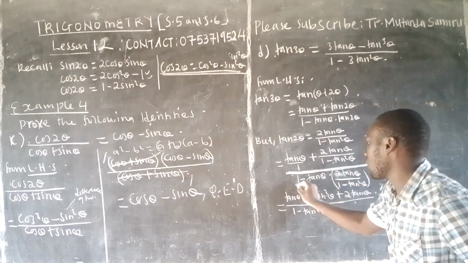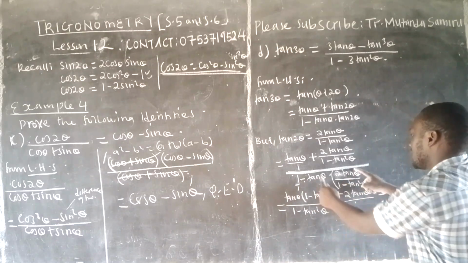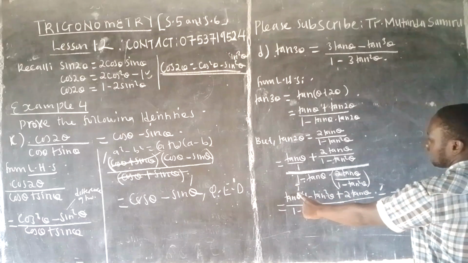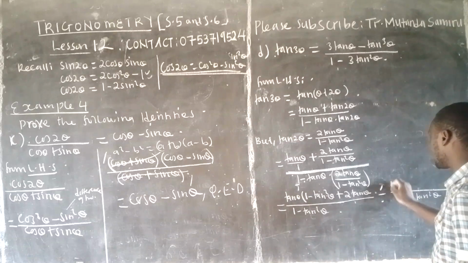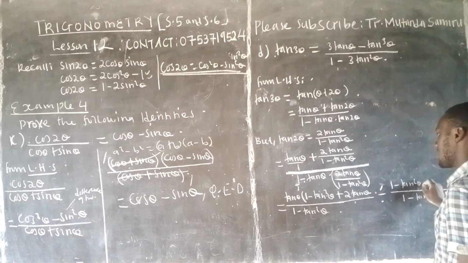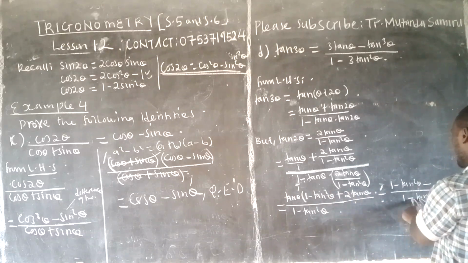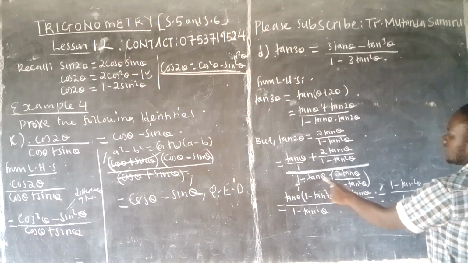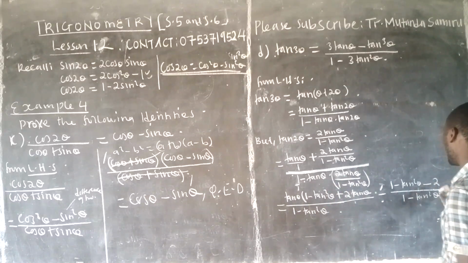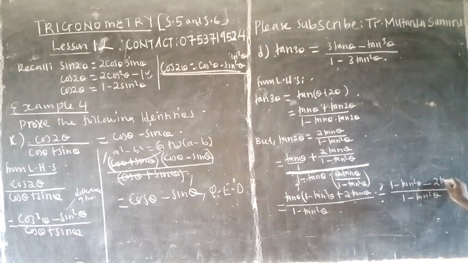Remember this is also over 1, so the LCM divided by 1 carries this forward: 1 − tan² θ, minus, then this LCM divided by this is 1 times this whole thing, which would give you 2 tan θ times tan θ.